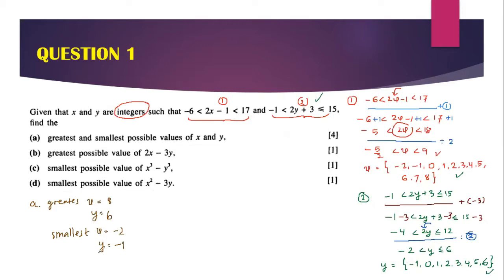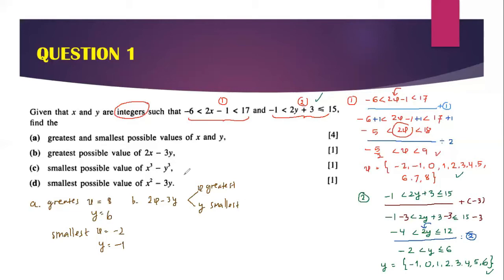Very good. Now we go to question B. The question asks for the greatest possible value of 2x minus 3y. For the greatest possible value, x must be the greatest and y must be the smallest.